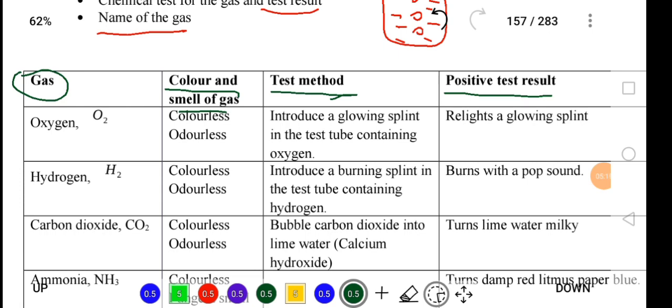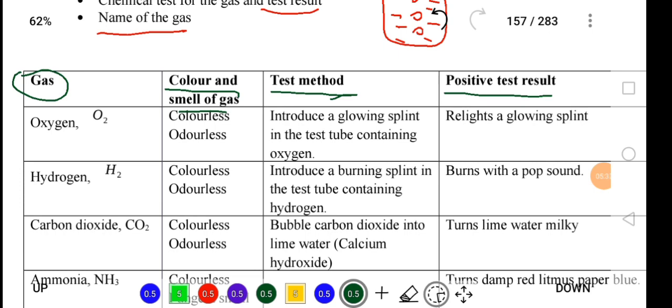Definitely we are not going to give you the name of the gas under experiment. What we are going to do is give you the reagents where you are going to perform an experiment.